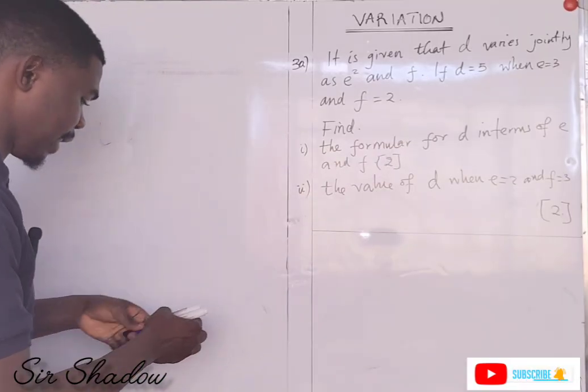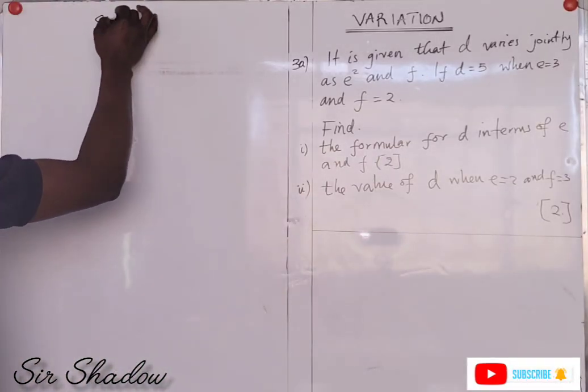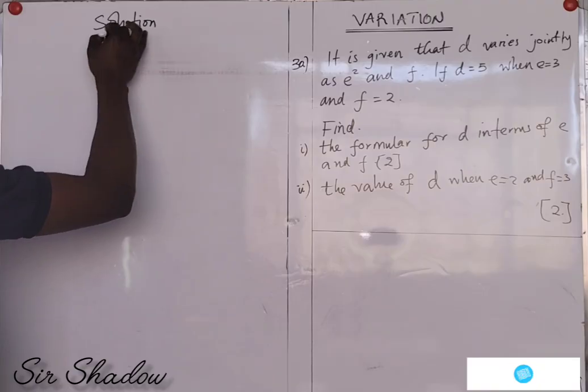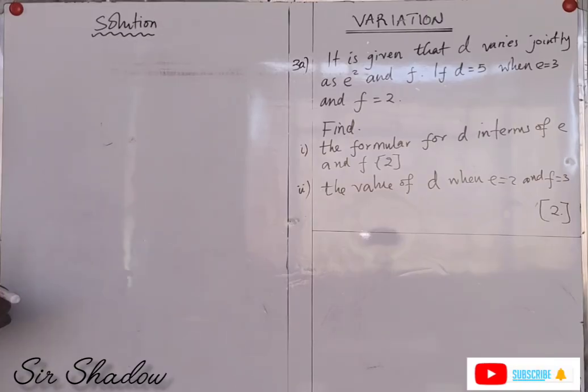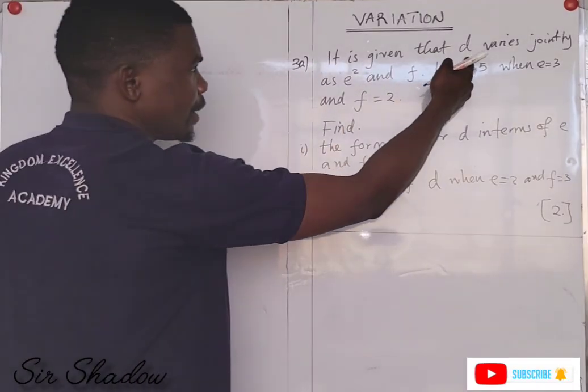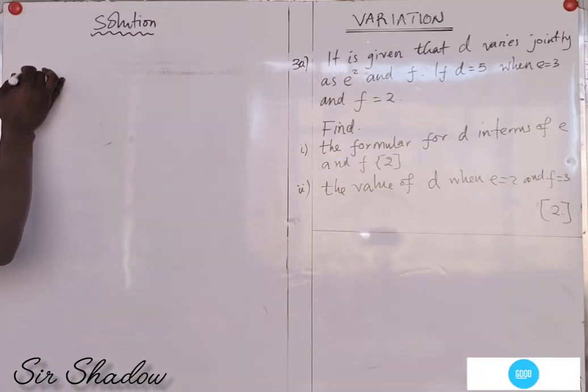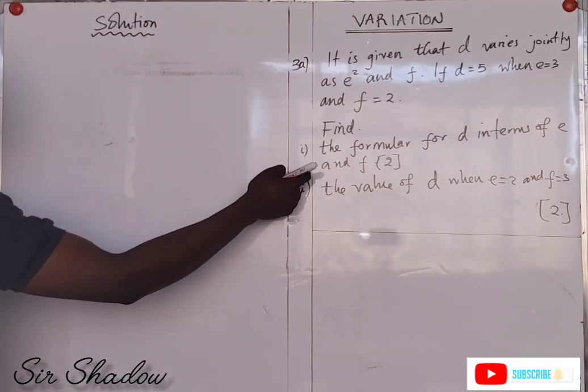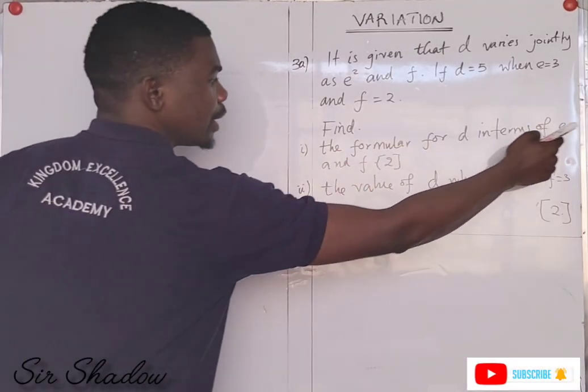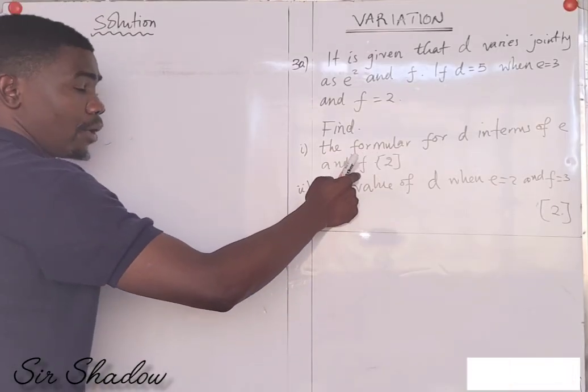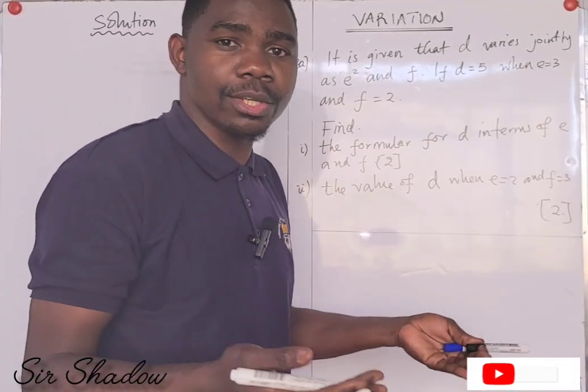So let's first attack the first part. It is given that D varies jointly. For the first part, remember, first of all, we want to write the formula connecting D, E, and F. We are not given the constant to use.